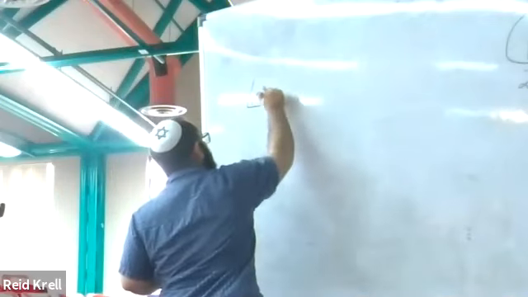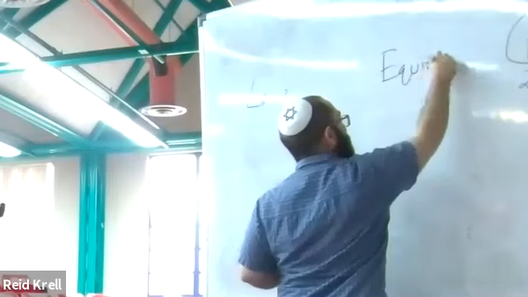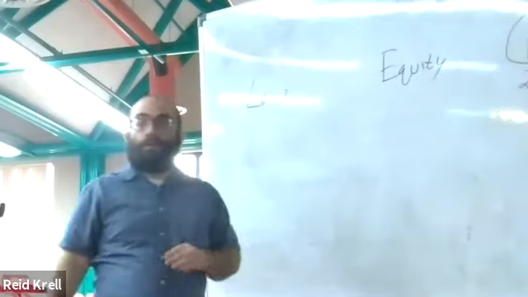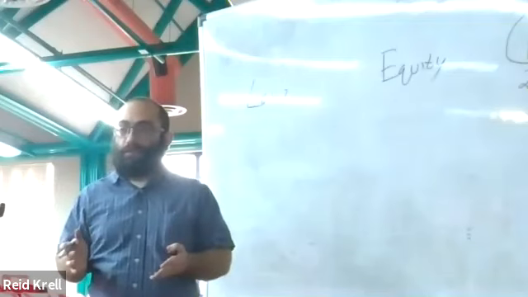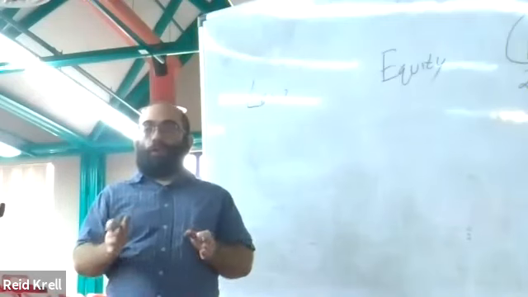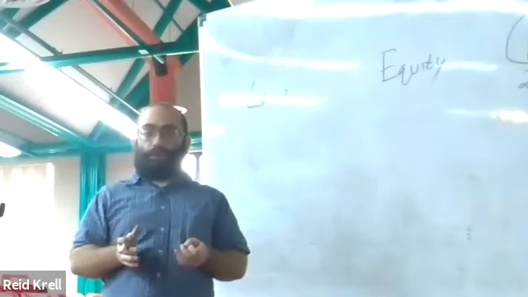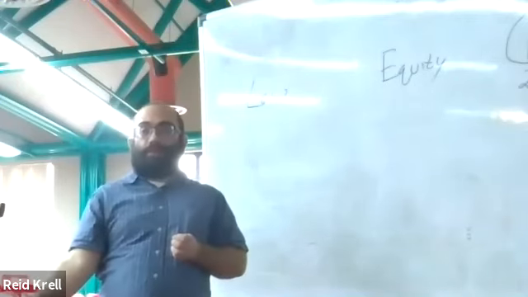We have law, we have equity. Law is concerned with the form of things, right? Law wants to know, did you jump through all the hoops? Did you do everything that you're supposed to do? And if you did, then this is what you get.